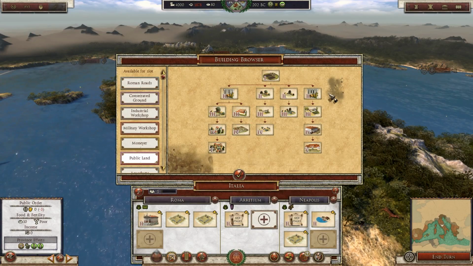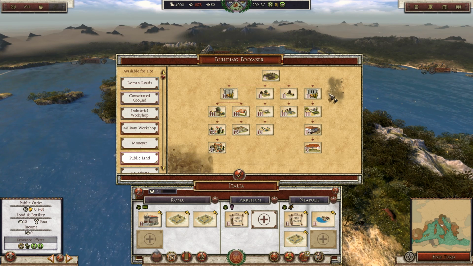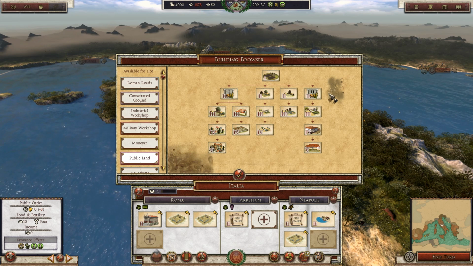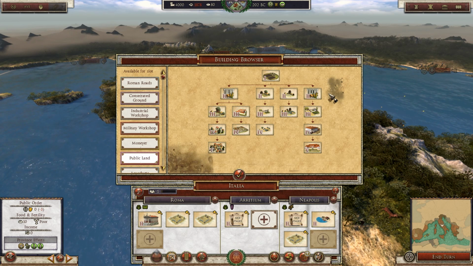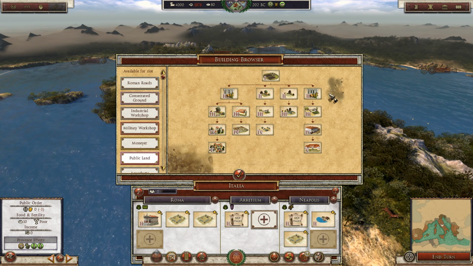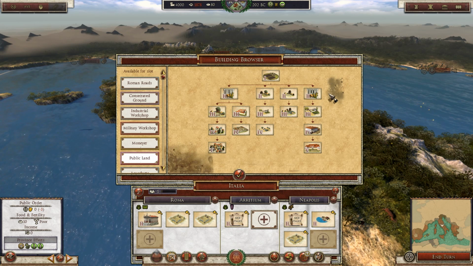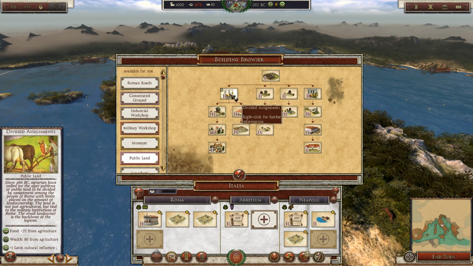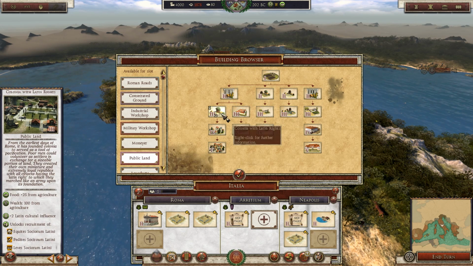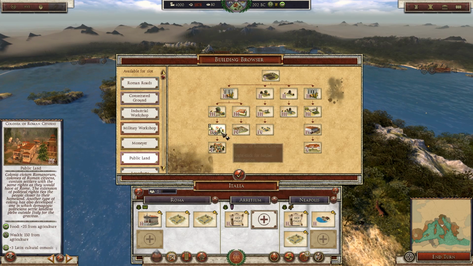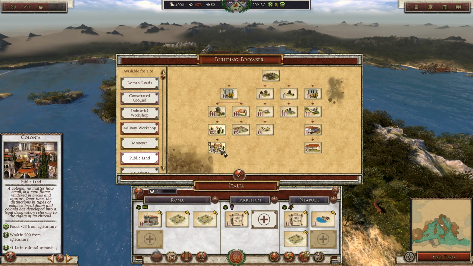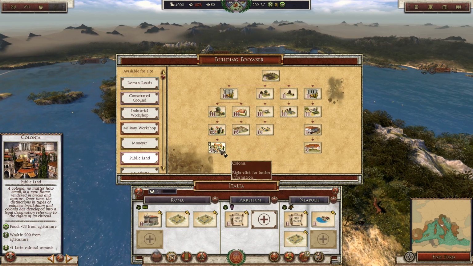Public land is divided up much like the main buildings are divided. Historically, the allocation of public lands was a constant political battle, one which would shape the laws and formations of the Roman Empire throughout its history. In the mod's current stance, there are three types of public land. Divided assignments were massive tracts of land divided up between Roman legions and were fundamental in establishing several military colonies around the Roman world.